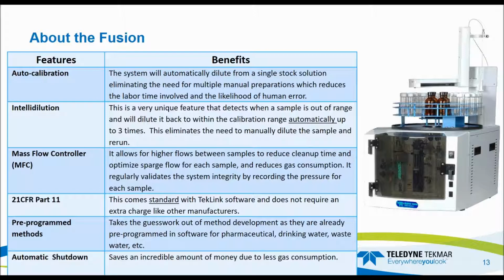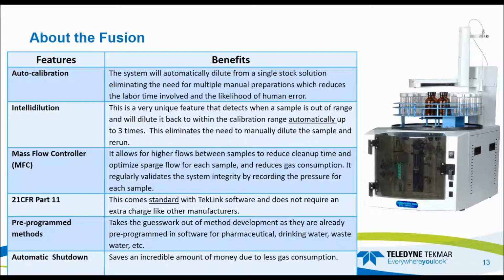It also has the IntelliDilution feature, which is what I talked about earlier. If a sample's above your calibration curve, it will dilute it back down into that calibration curve for you. You don't have to be present for that, so you'll still have those results at the end of the schedule. And then it has a mass flow controller, which allows for higher flow rates between samples.